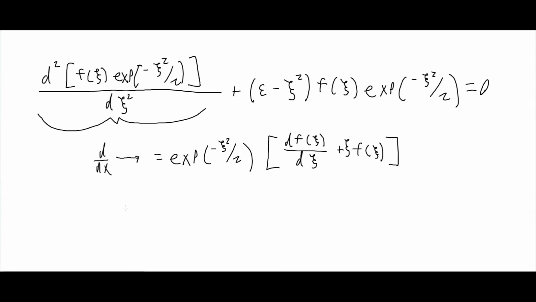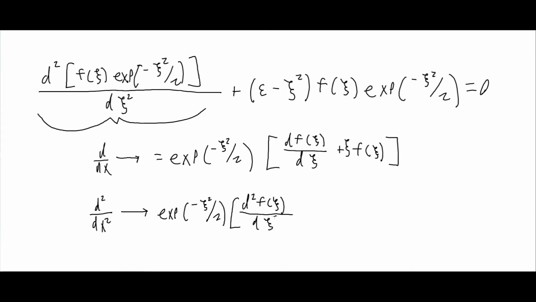And so this is the first derivative, and then we can say that the second derivative, so taking the derivative of our first derivative now, what we end up with is the exponential of minus xi squared over 2 times d2 f of xi over d xi squared.